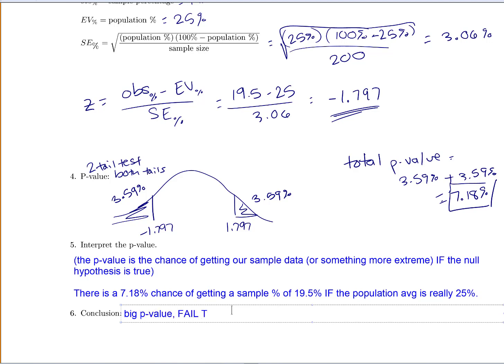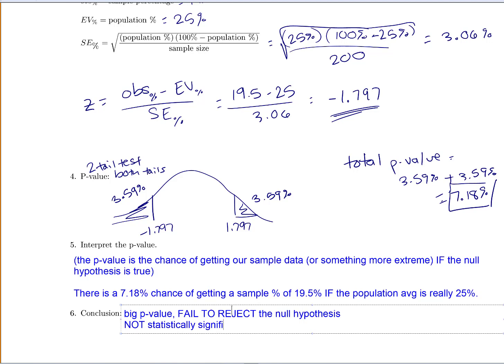So we fail to reject the null hypothesis. This means it is not statistically significant.